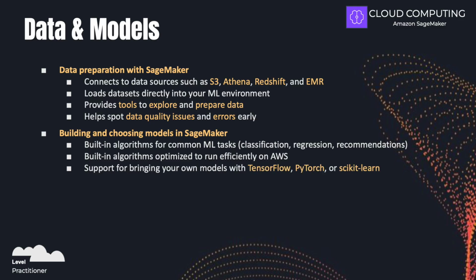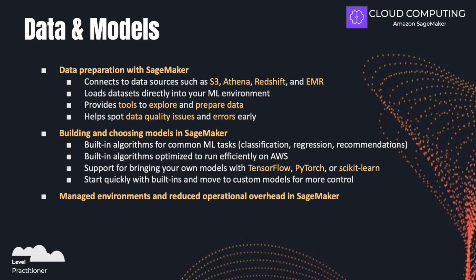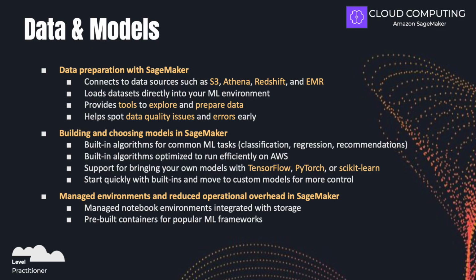So if you already have a model built in a framework like TensorFlow, PyTorch, or scikit-learn, you can package it and run it inside SageMaker. This flexibility lets you start quickly with built-ins and later move on to custom models when you need more control. It also gives you managed notebook environments, like integrated storage connections and pre-built containers for popular frameworks, so setup time and operational overhead are much lower than running everything yourself.